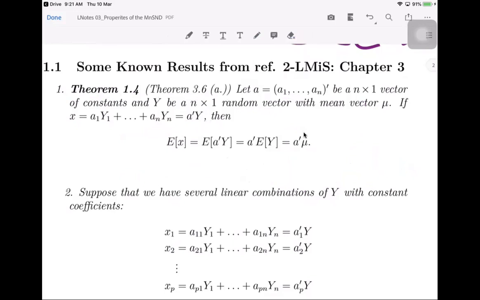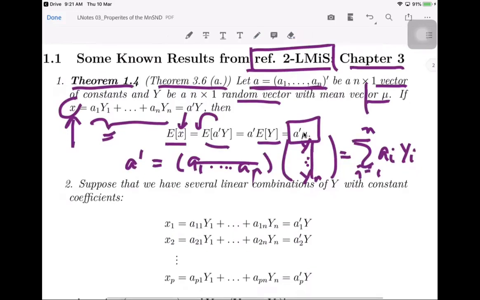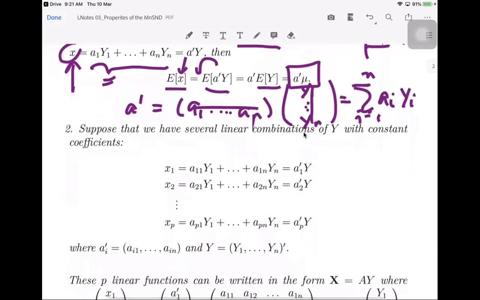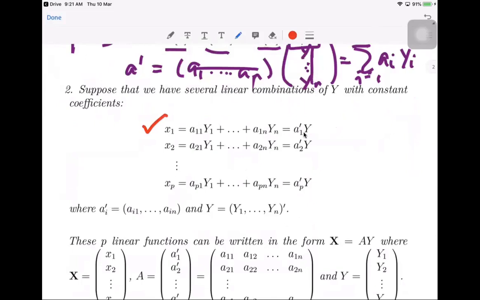So suppose we have several linear combinations of y with constant coefficients. So suppose you have x1 will be a11 y1, or in general you have the summation of a1j yj, j from 1 to n, or that is just a1 prime y, and so on and so forth.